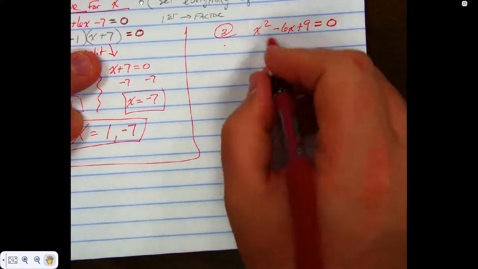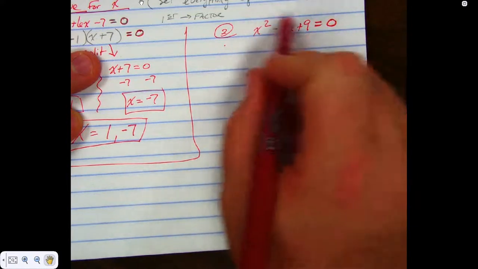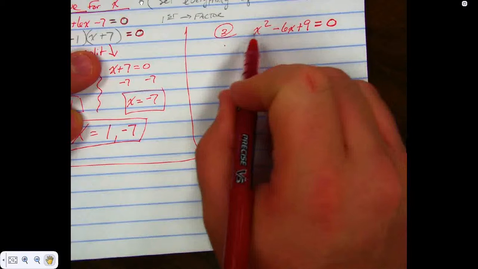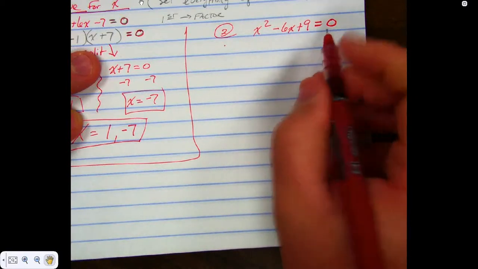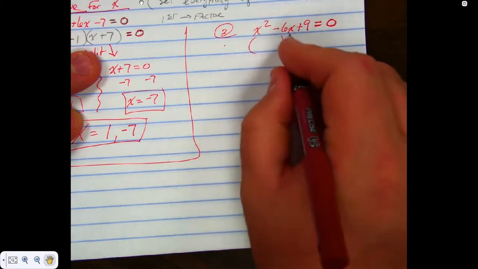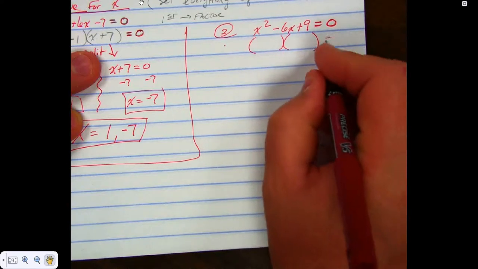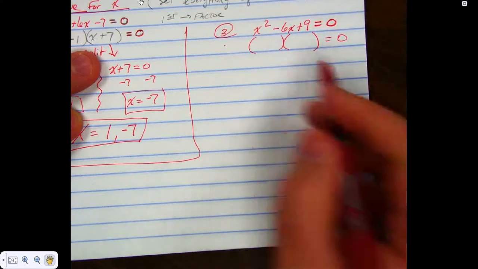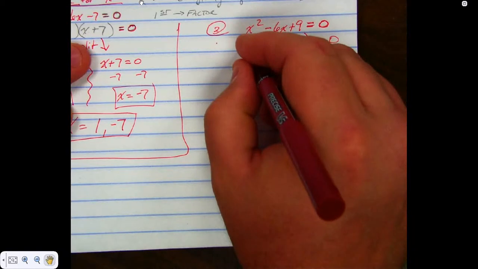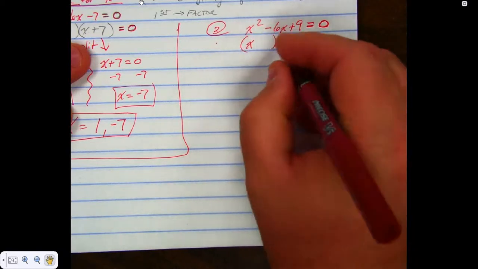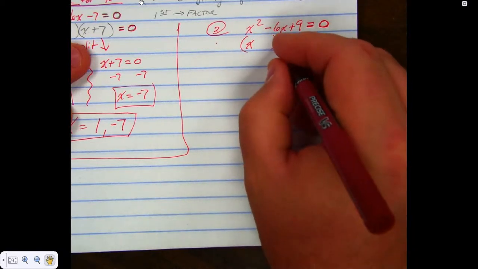So what do I do now? I factor. Is this in the form x squared plus bx plus c? So this is the one where we're going to set it up and split into two sets of parentheses, right? What goes in the first parentheses? X. What goes in the second set?